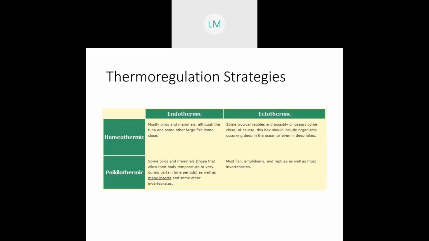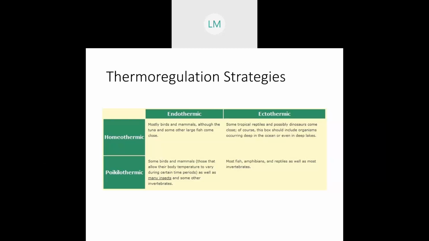So this chart just kind of shows the overlap between where animals are getting their heat and the amount of variation that they can tolerate. So most birds and mammals are going to be endothermic and homeothermic, okay? There are some exceptions, there's always exceptions, but most birds and mammals are going to produce their body heat internally and maintain a pretty constant body temperature. There are some birds and mammals that can be considered poikilothermic, meaning that their body temperatures vary during certain time periods.